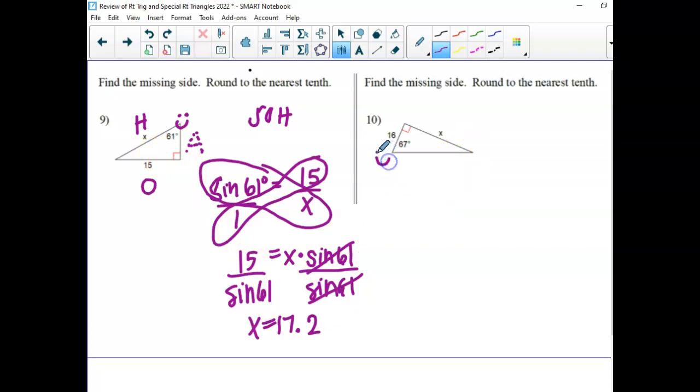If we put our smiley face at 67 degrees, across from us is this x over here. This would be opposite. What is the 16? It is adjacent. Across from the 90 down here is the hypotenuse that we don't know anything about. So which one uses O and A?